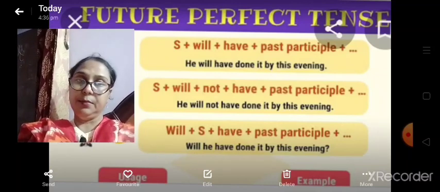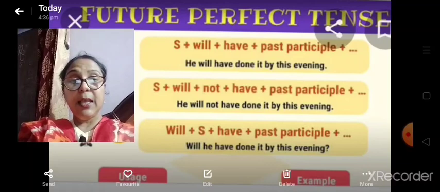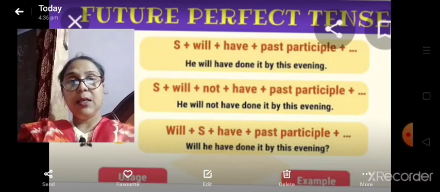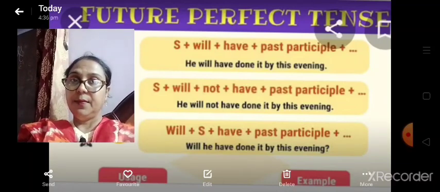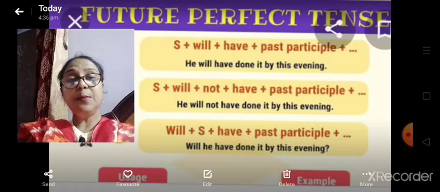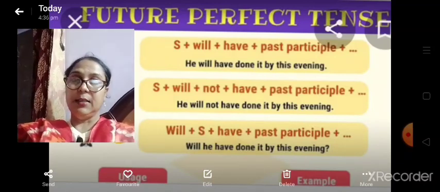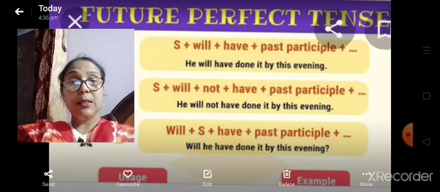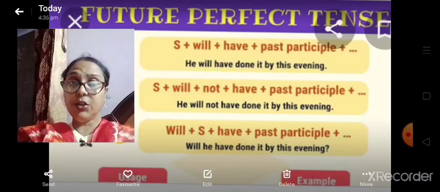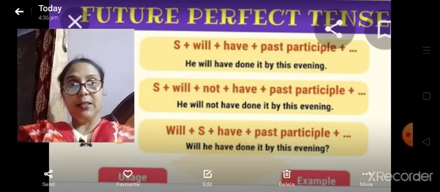And whenever you make an interrogative sentence in future perfect tense, will is placed at the first place of the sentence, and then the subject, then have, then the past participle, and then the other words of the sentence. So this is the formation of future perfect tense.